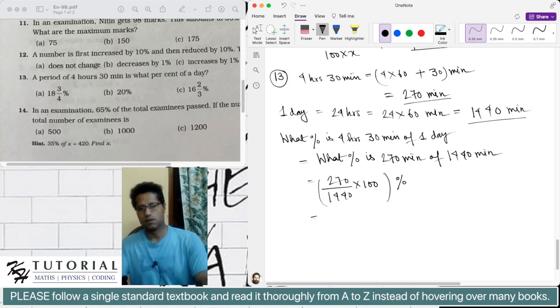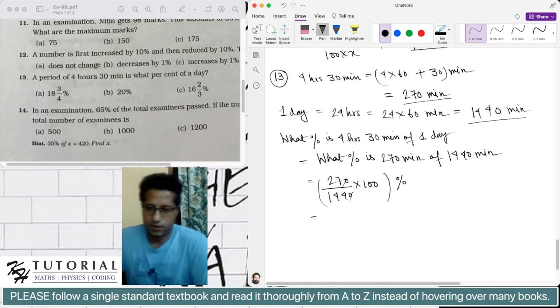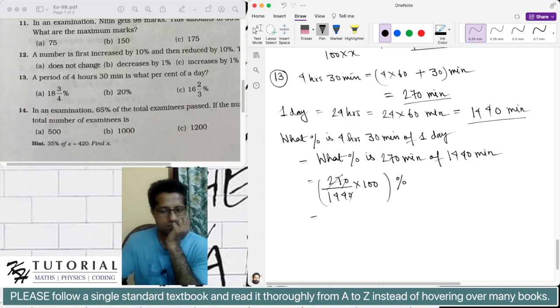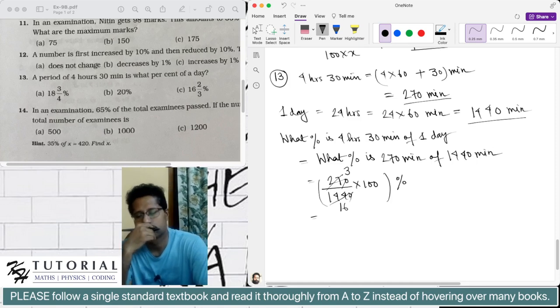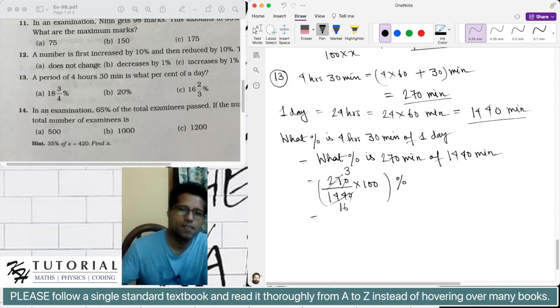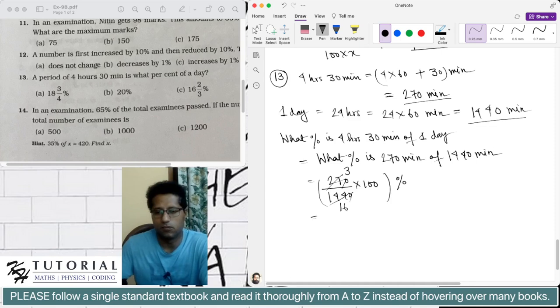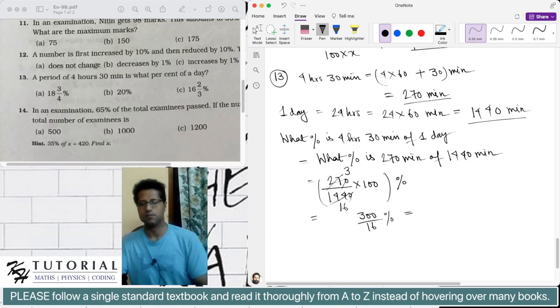So the 0 cancels out, and 27 divides 144 with 9: 9 divides 27 with 3, 9 divides 144 with 16. So this is equal to 300 by 16 percentage.